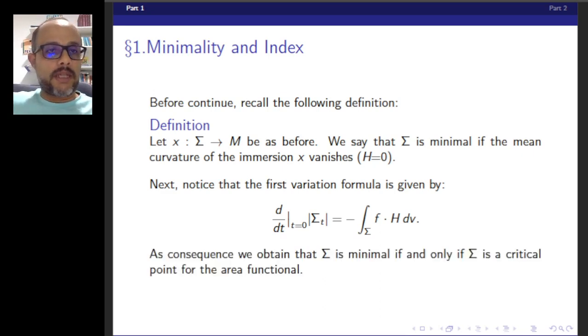So a minimal hypersurface is a critical point for the area functional. It's very direct from this formula.